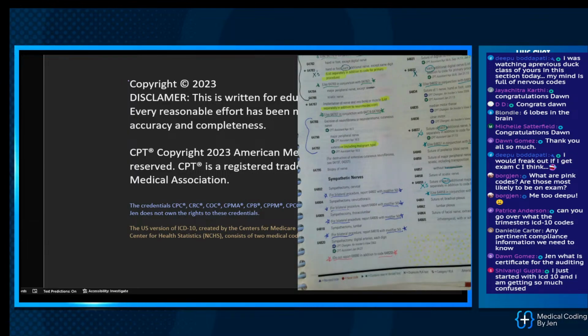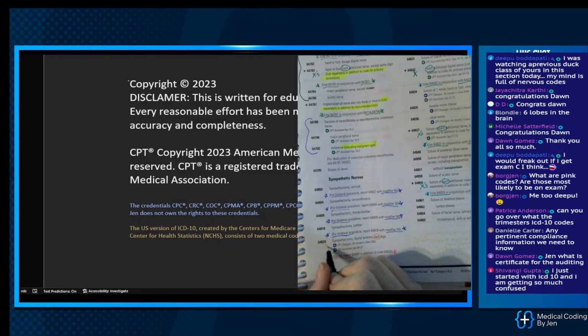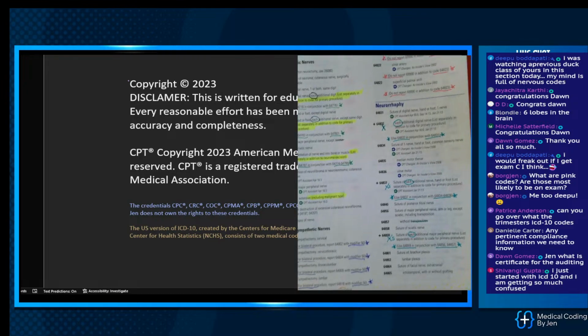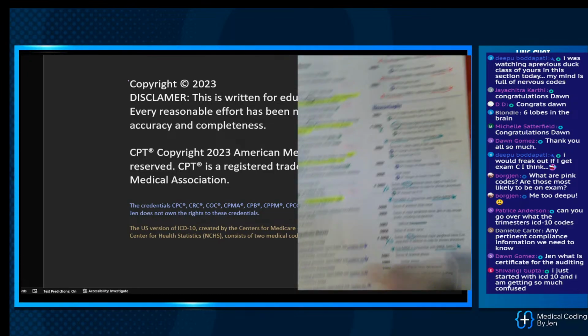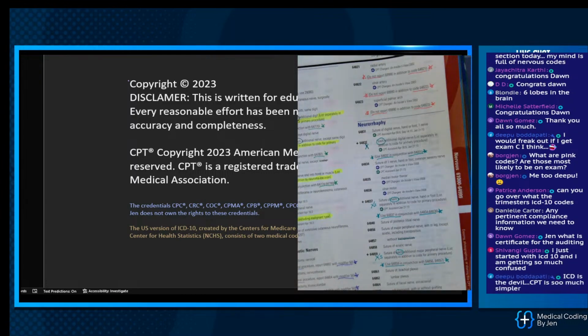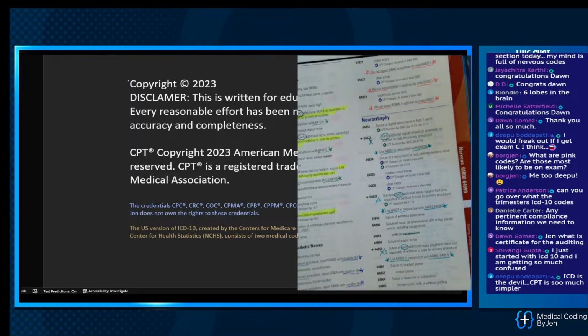This one has an each in it, but it does not have a plus symbol, but we can multiply it because it's got the word each. That is code 64820. A lot of these are do not use with the microscope code because they're not included.